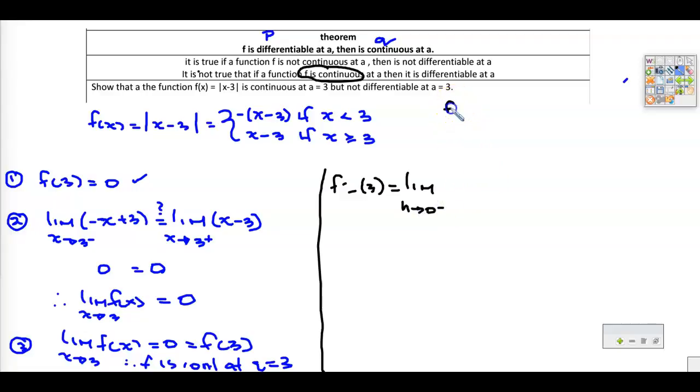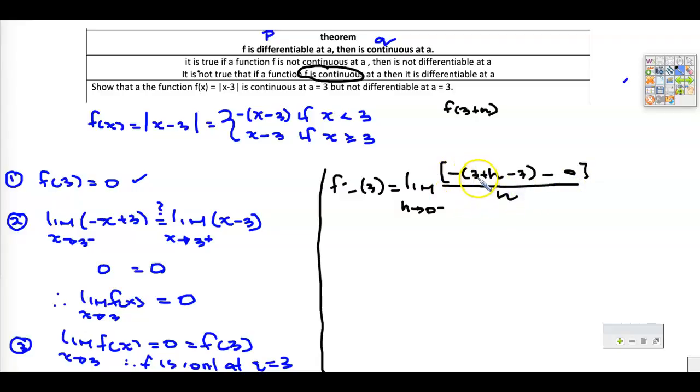So when you evaluate f of x plus h, or in this case 3 plus h, then this numerator is going to become a minus 3 plus h minus 3, minus f of 3, which is 0, all over h.